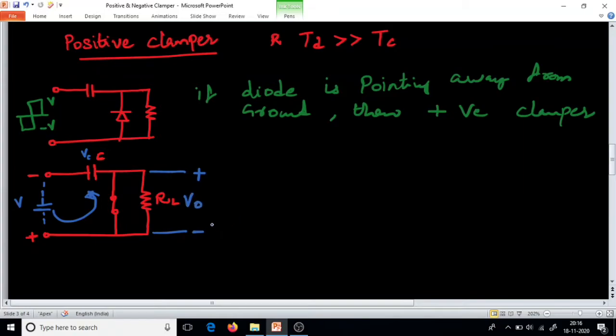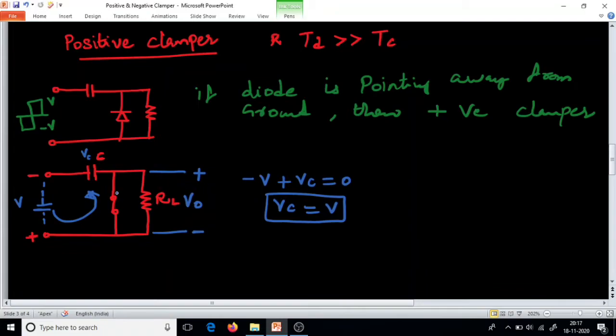When a negative pulse is applied, we can write Kirchhoff's law: minus V plus Vc equals 0. So Vc equals V. That is, the capacitor voltage equals the input voltage.